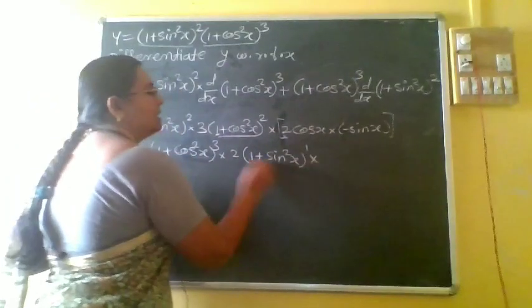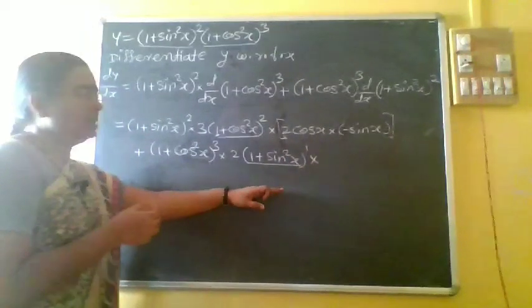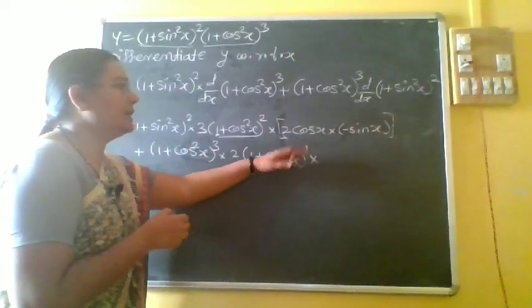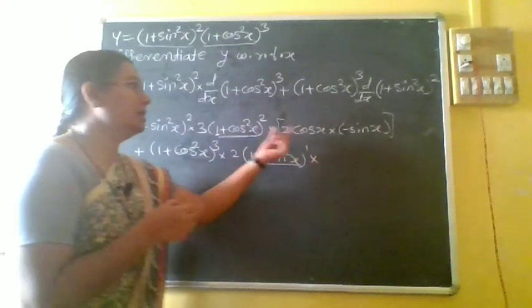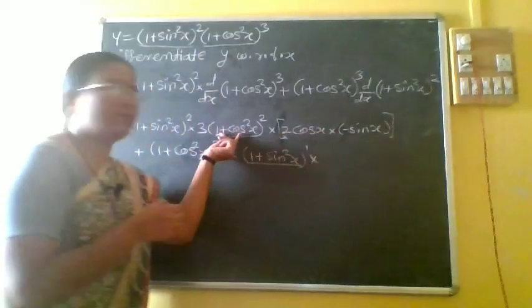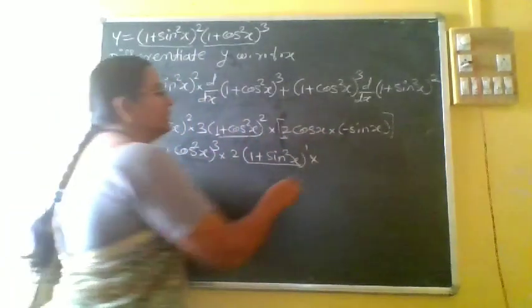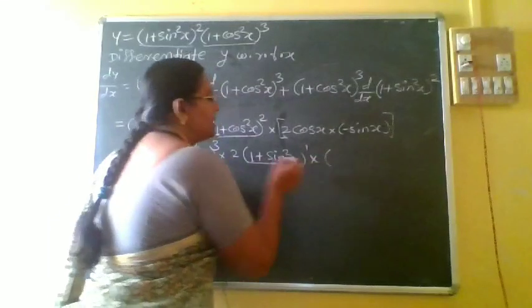And multiply with the derivative of the inside function. I am using the derivative of this inside function directly, therefore we don't write d by dx of this 1 plus sin square x. Derivative of 1 is 0 and sin square x.